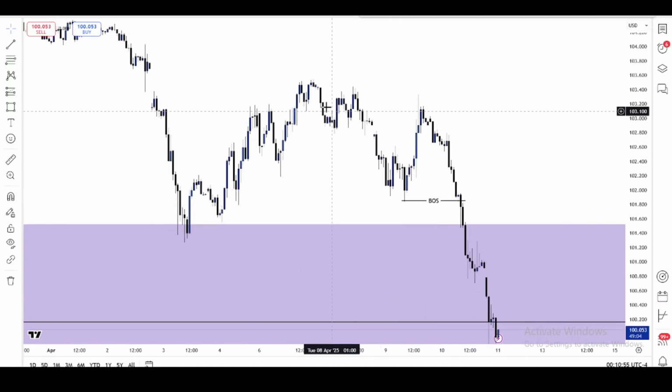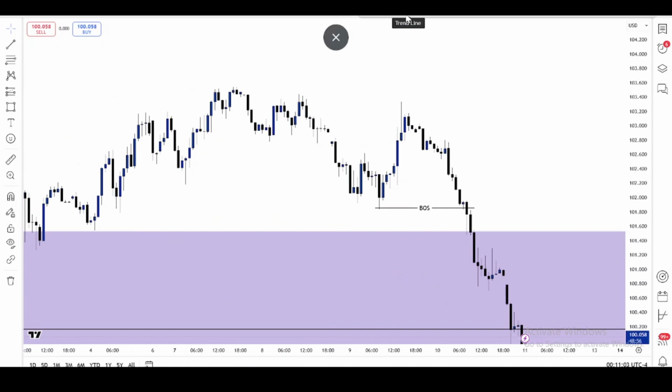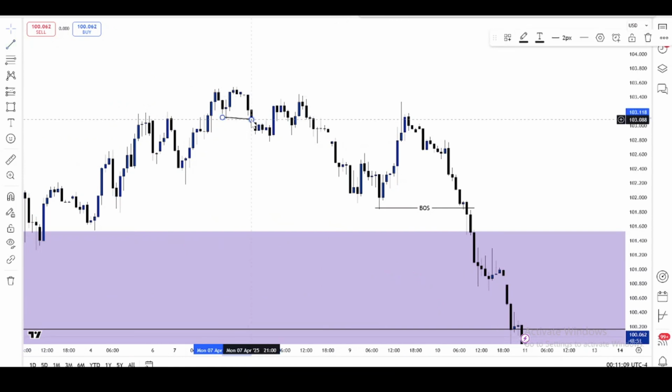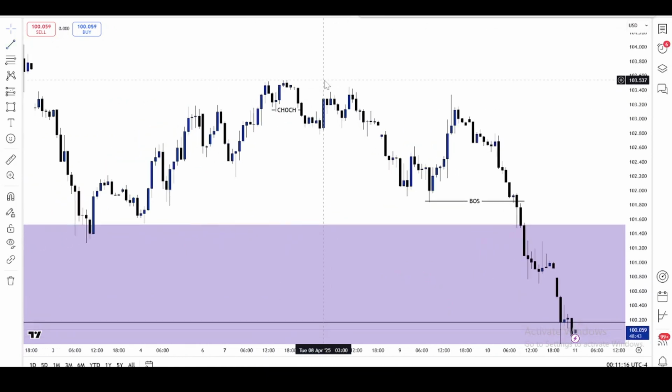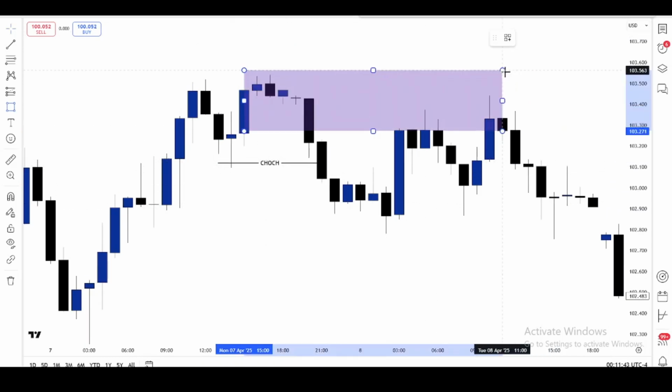Even before this break of structure, you can see we had a shift in market structure here. Price gave us this change of character and it came back up, respected this other block.